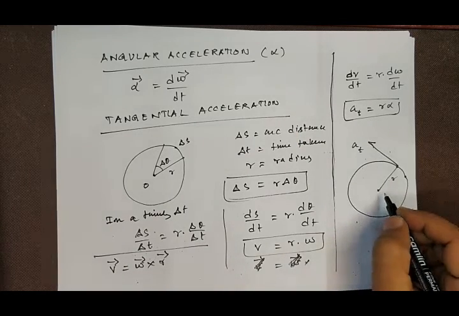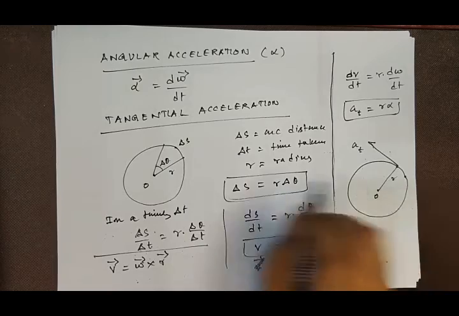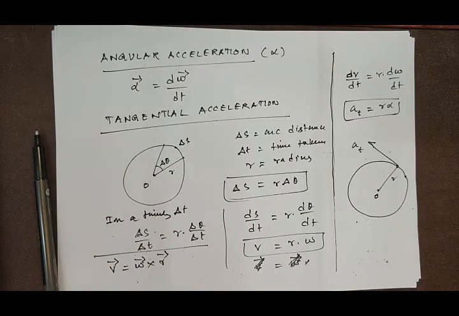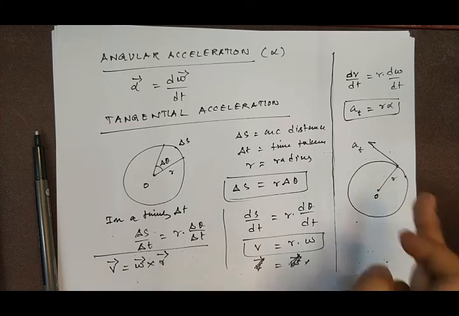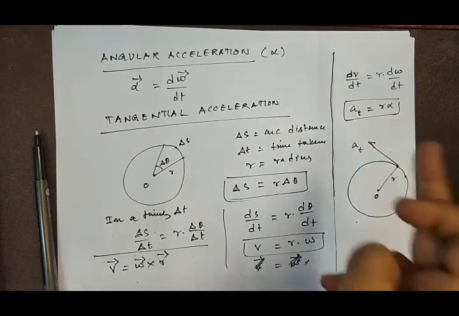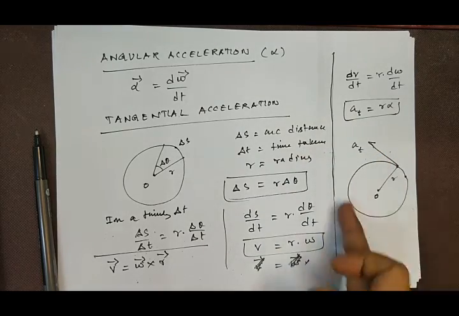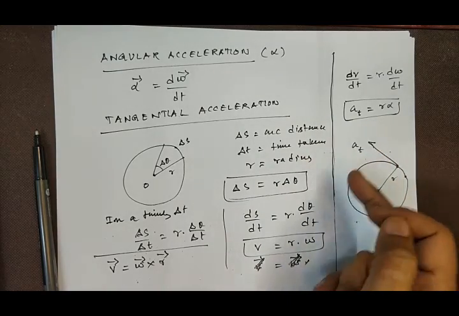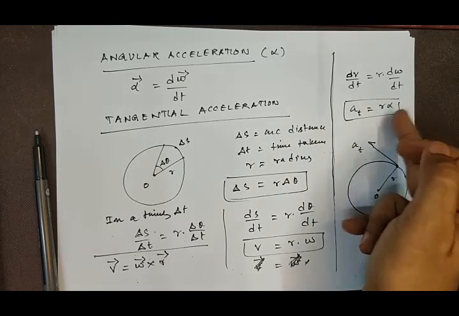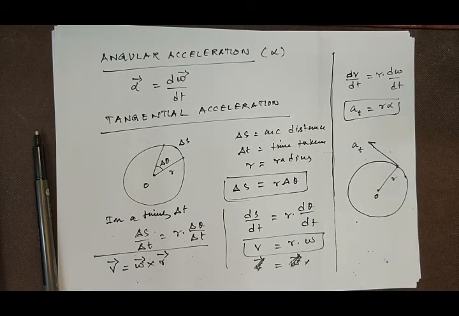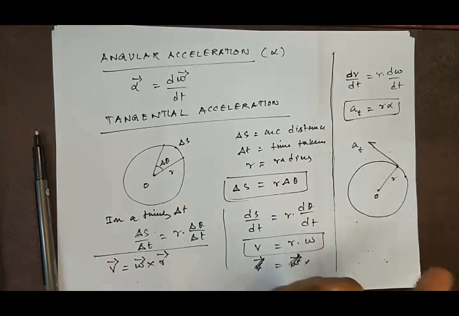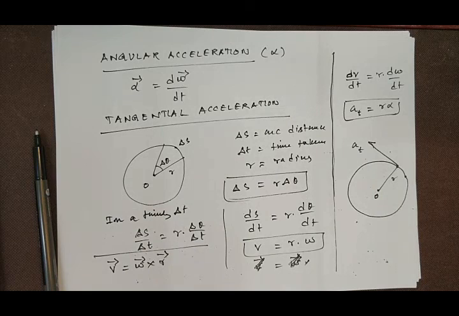Are you able to understand this? So a tangential acceleration is experienced by the body in a circular motion in such a way that AT is equal to r into alpha. What is alpha? Alpha is the angular acceleration, whereas AT is the tangential acceleration.